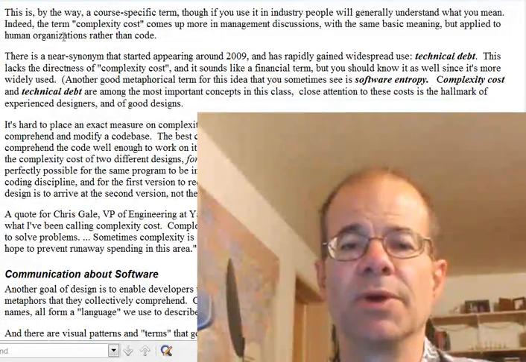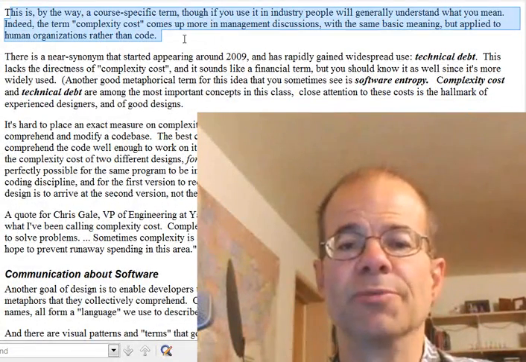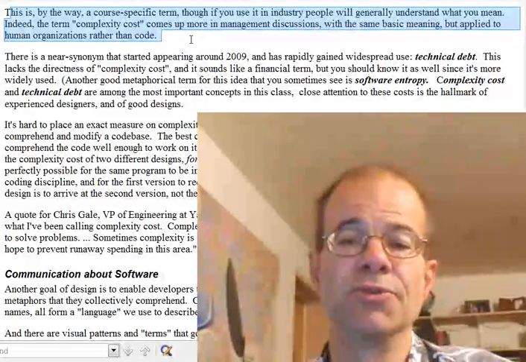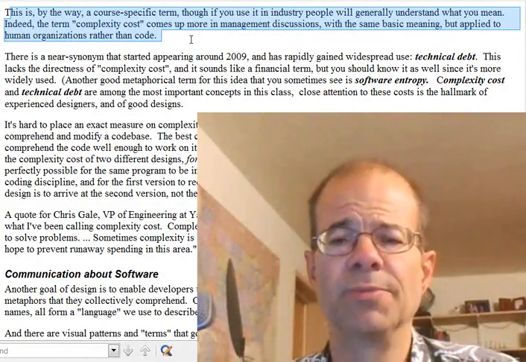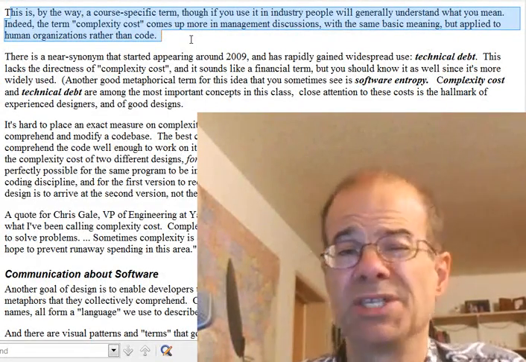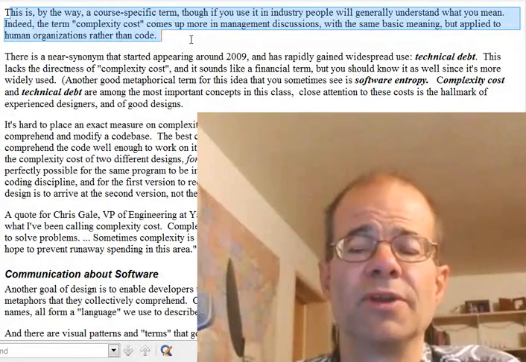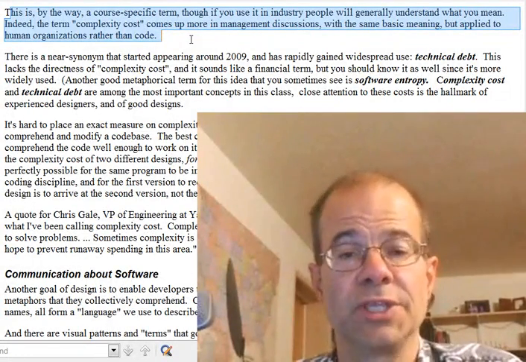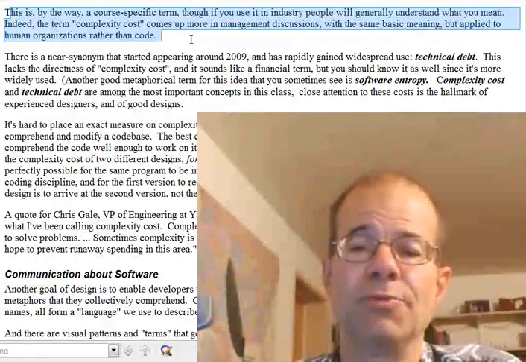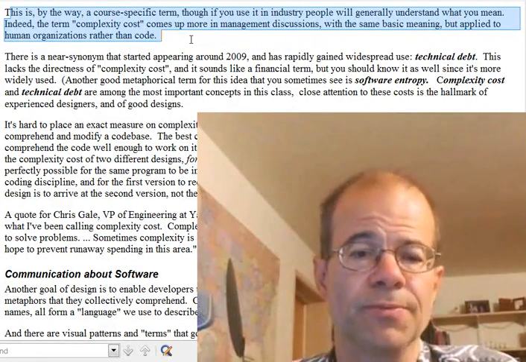Now, this is, by the way, a course-specific term, though if you use it in industry, people will generally understand what you mean. Indeed, the term complexity cost comes up more often in management discussions, with the same basic meaning, but applied to human organizations rather than code.